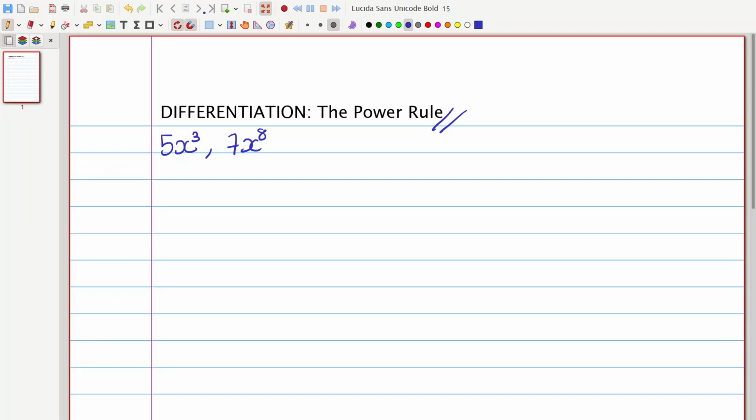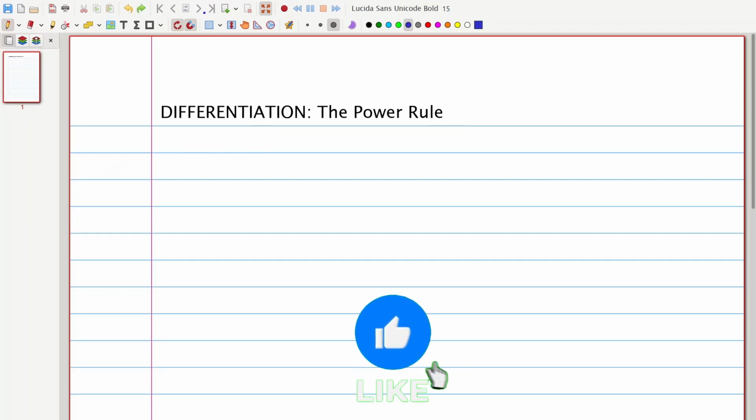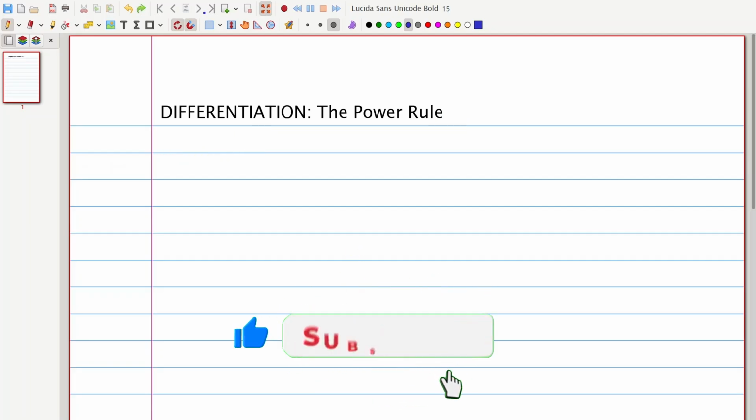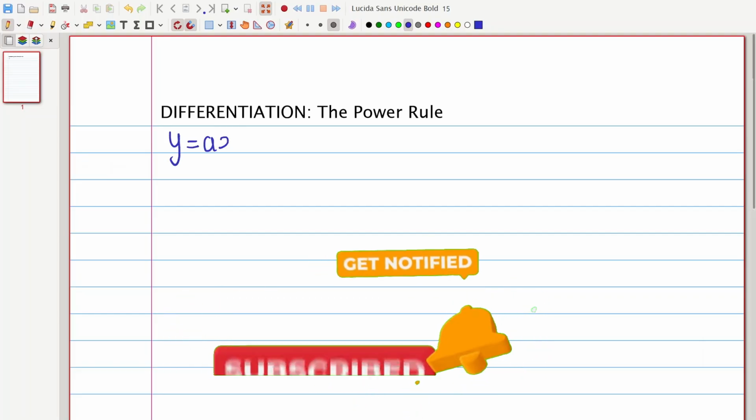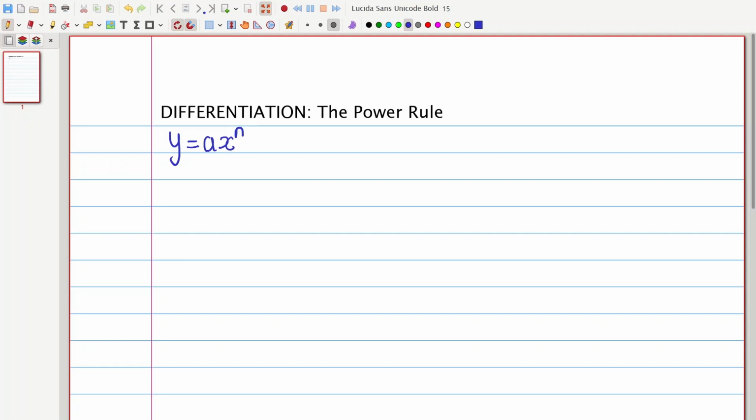So let's get started. What is the power rule? Consider a function of the form y is equal to ax raised to power n, where a is a constant, x is a variable, and n is the power.